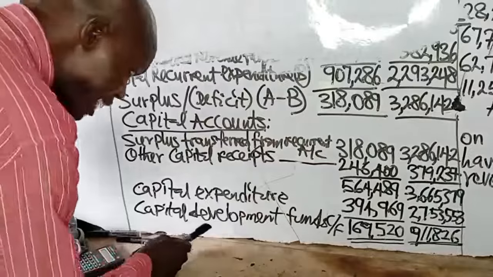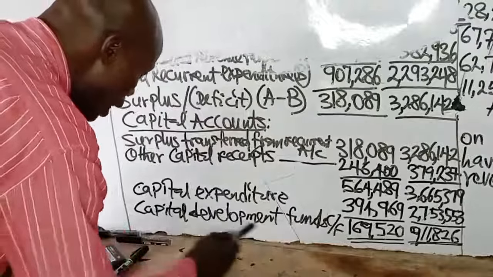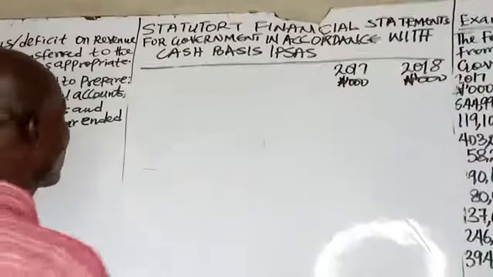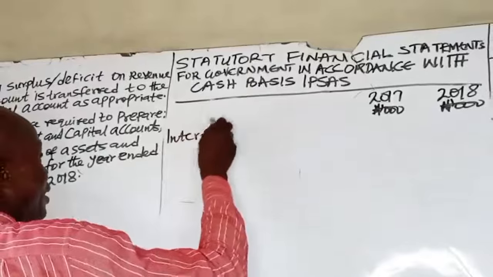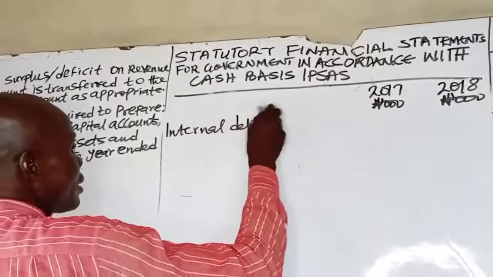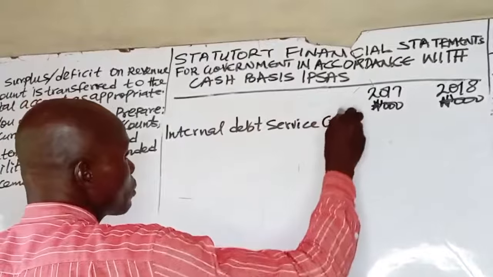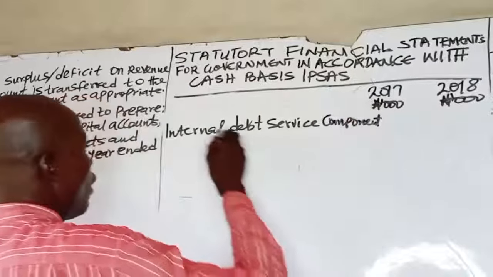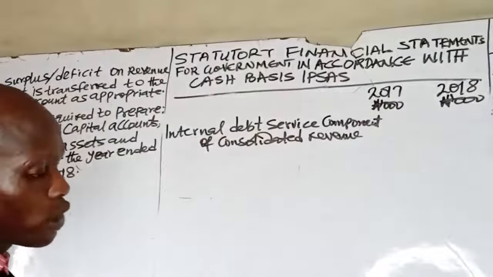After the balance that will be carried forward in the capital development funds account, then you are going to have internal debt servicing component of consolidated revenue. Now, back to the question.